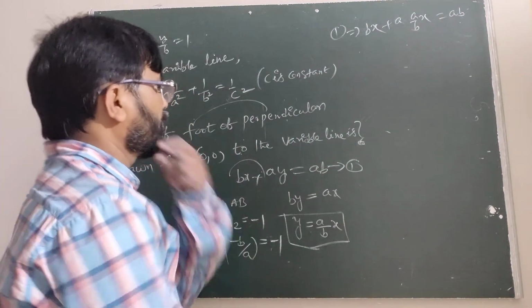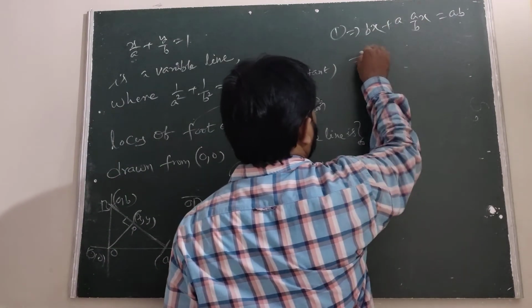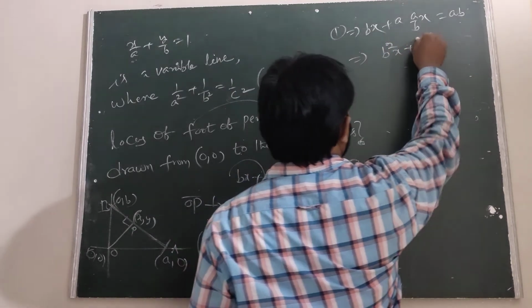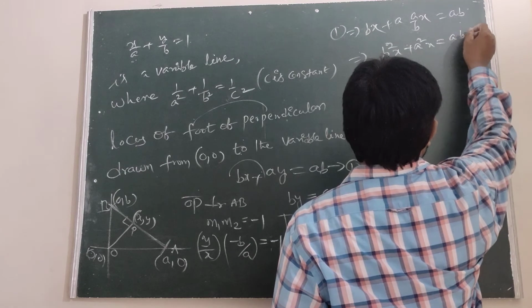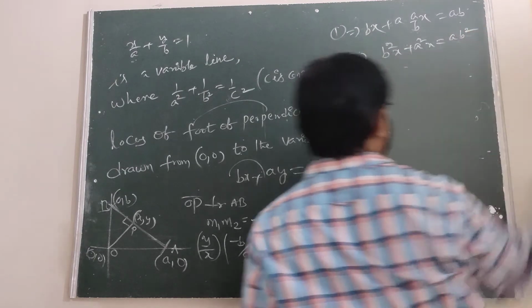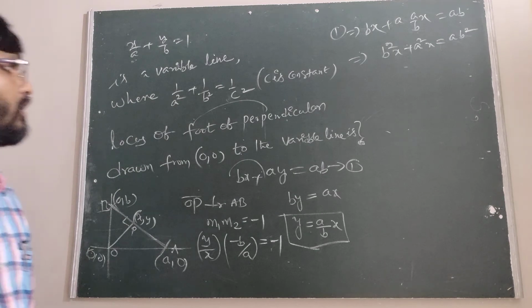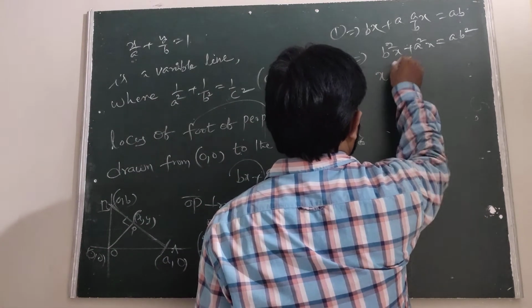Now we can write b into b is b square x, plus a square x, equal to ab square. Now we take x as common.